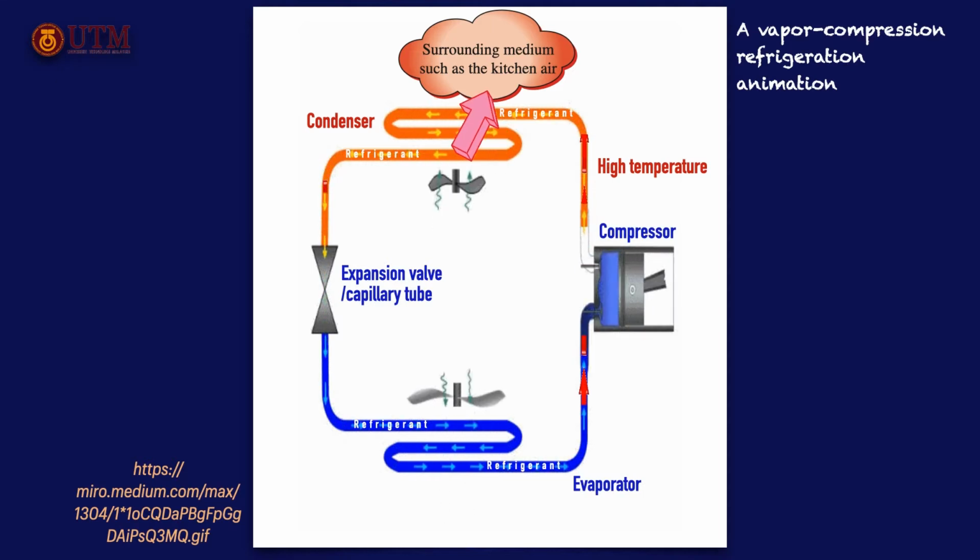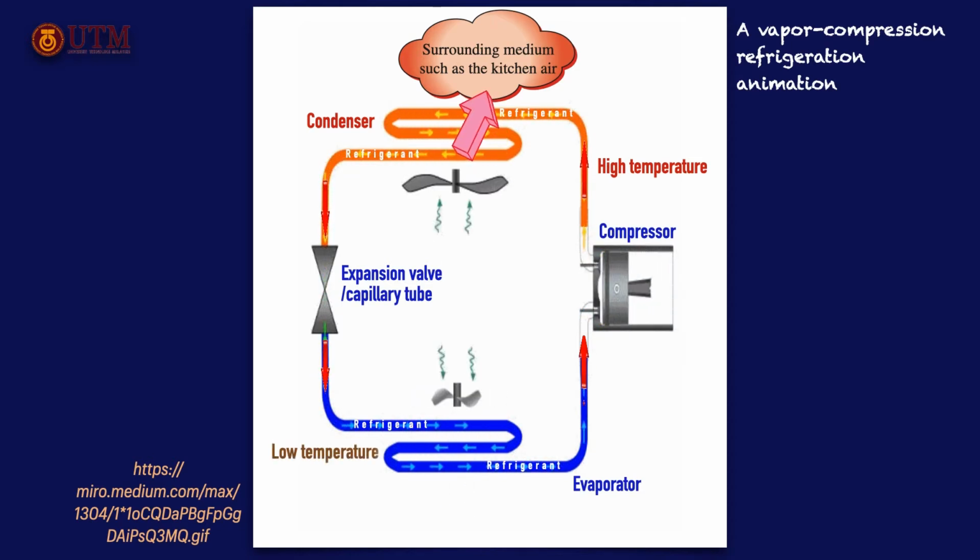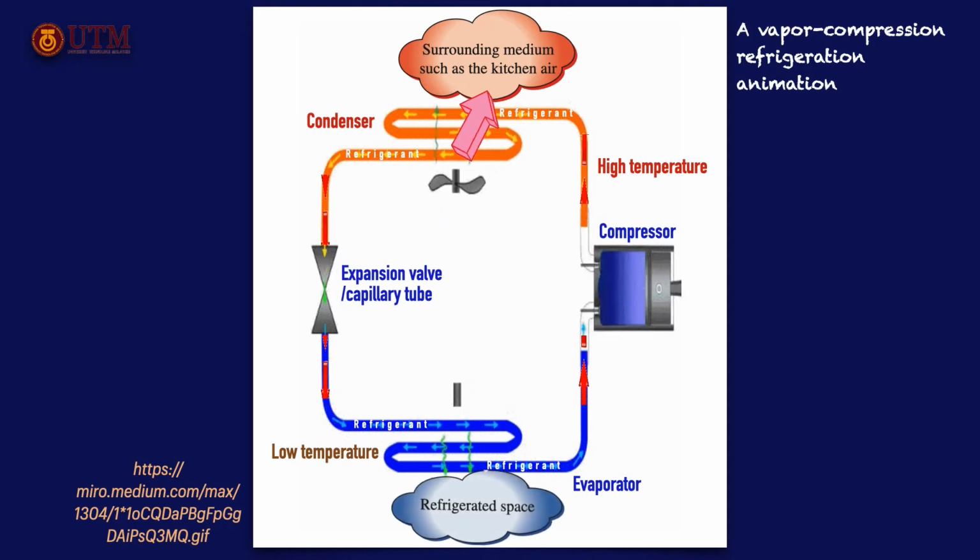It then enters a capillary tube where its pressure and temperature drop drastically due to the throttling effect. The low temperature refrigerant then enters the evaporator where it evaporates by absorbing heat from the refrigerated space. The cycle is completed as the refrigerant leaves the evaporator and re-enters the compressor.